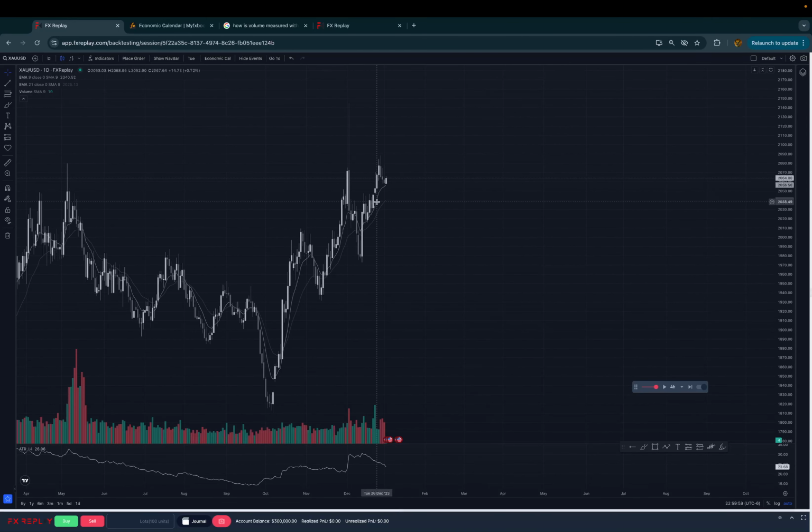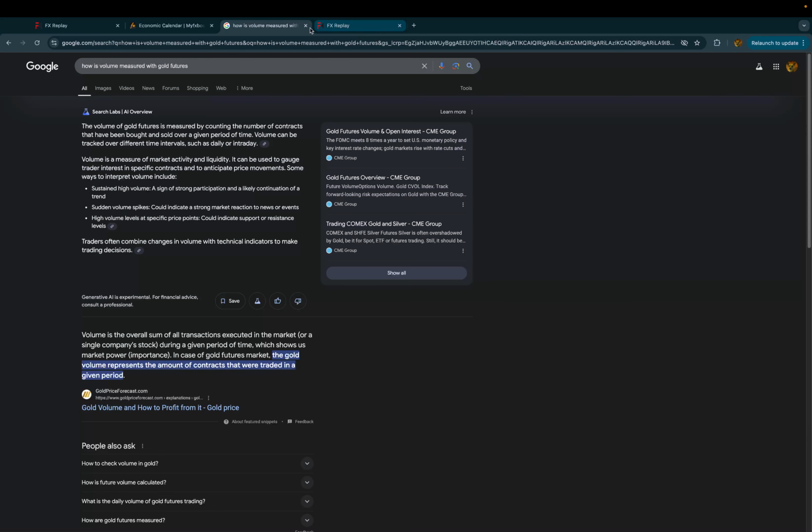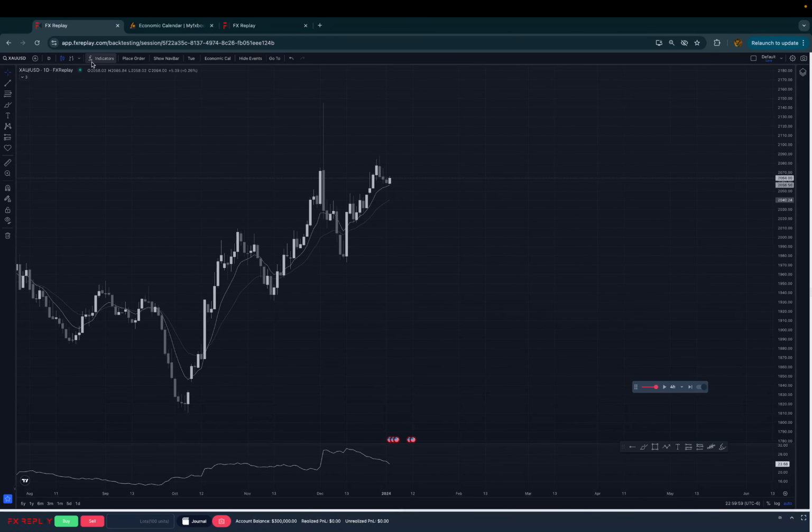So what I'll do is, instead of doing this, I'm just gonna hide everything. And what I'll do is I'm gonna use a sessions indicator. And I'll just do like New York session.